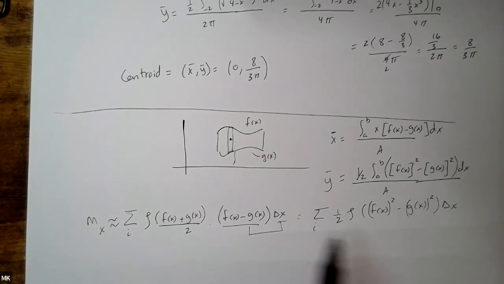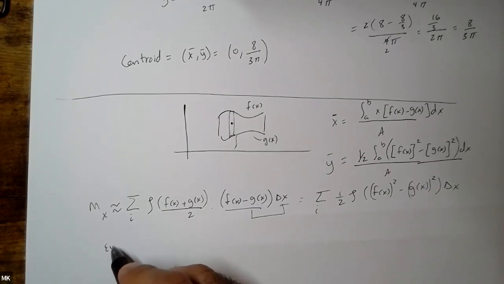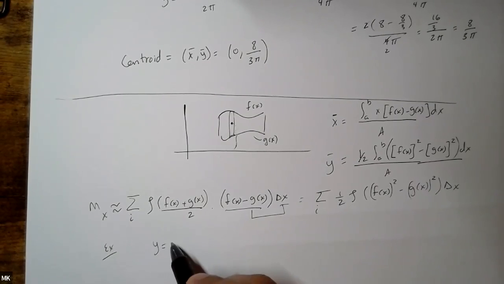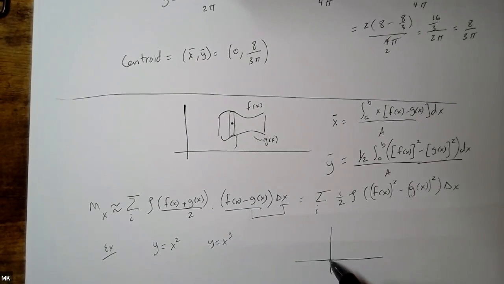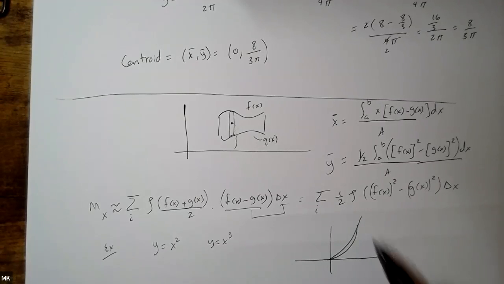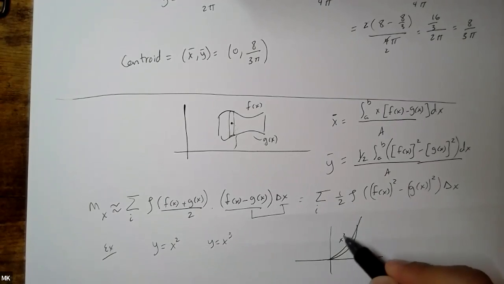So if I use, for my example, the two functions y equal to x squared and y equal to x cubed, of course, x cubed goes slightly below x squared between 0 and 1, and x squared is above. Because between 0 and 1, when you take it to a higher power, you actually get something smaller.